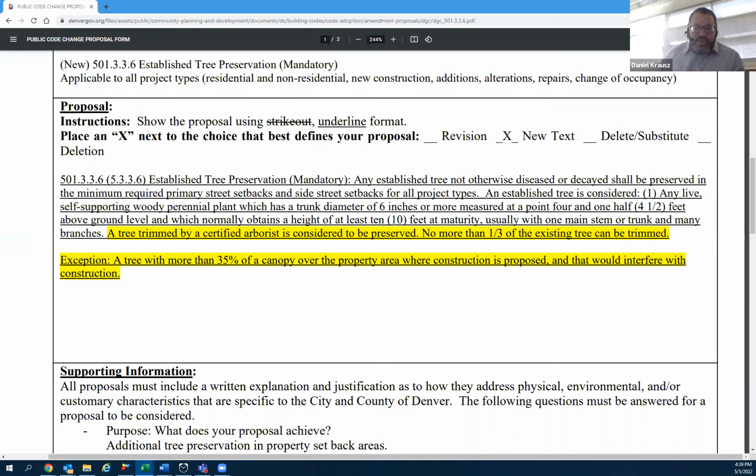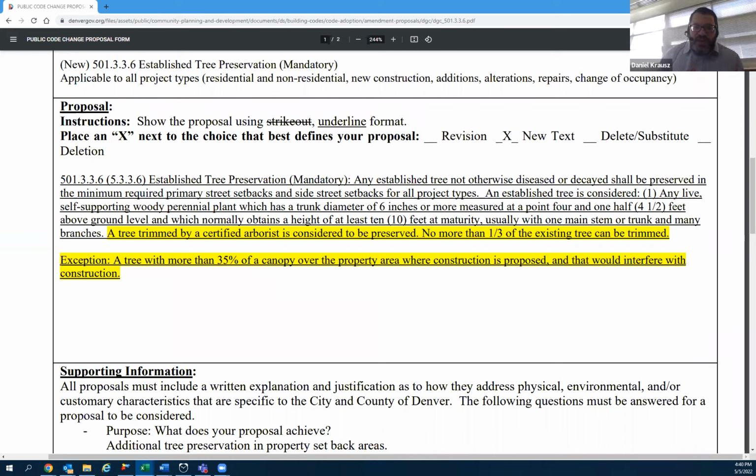So we're talking about less than the 35%. So the 35% of the canopy and only on one side of the tree would be what you would lose in terms of an area that you would otherwise be constructing in. Our assessment was that's probably like a 7-foot loss just for that area where the tree canopy is, in terms of a further setback potentially.